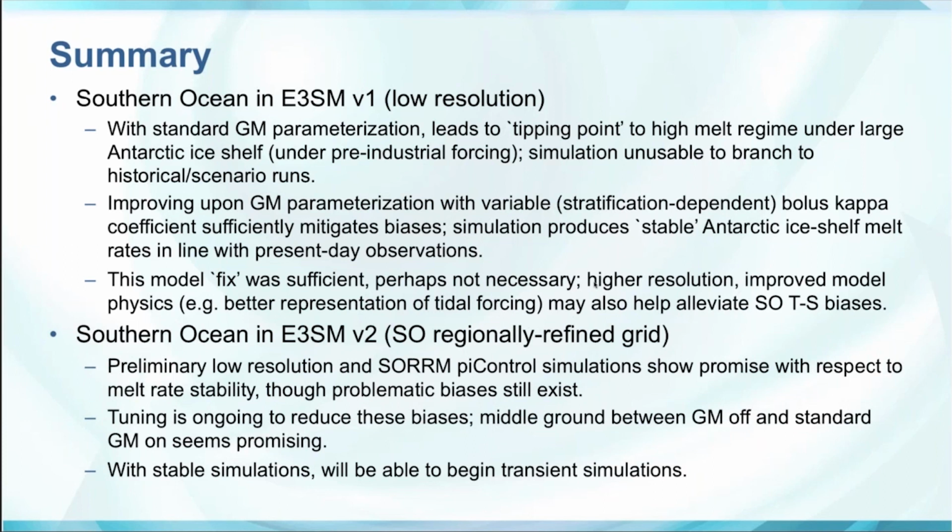And in terms of looking forward towards V2, the preliminary results are much more encouraging to us than what we were seeing with V1. Although there are still problematic biases that exist, we seem to be reaching a nice middle ground by tuning these parameterizations, so that we should be able to achieve stable simulations and finally begin transient in future scenarios. And that's it.